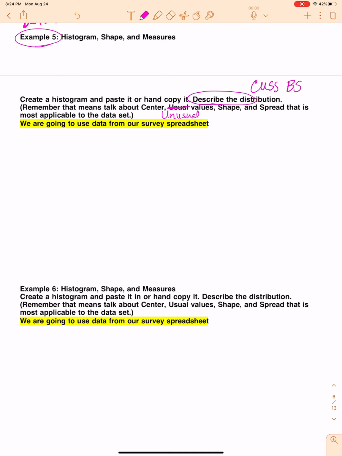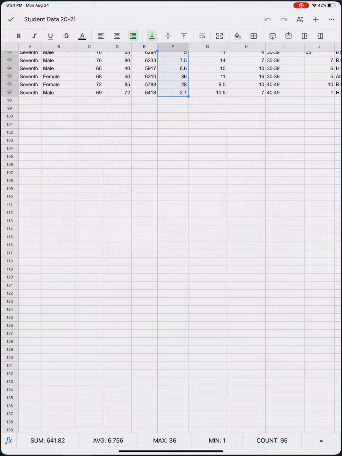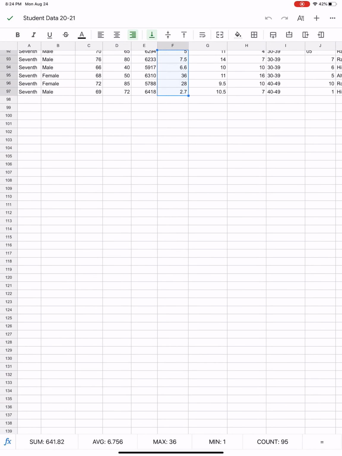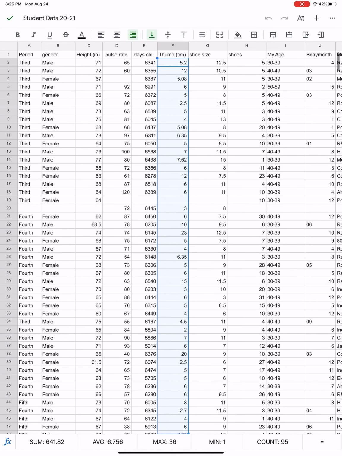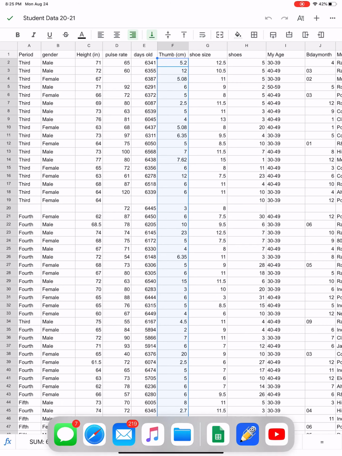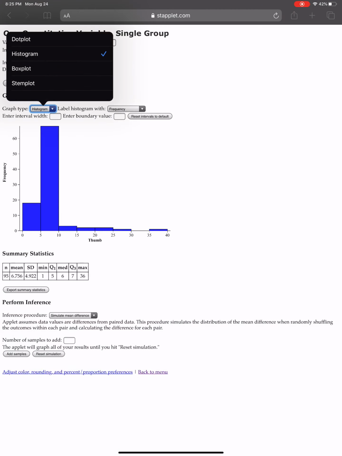All right, so to illustrate one of the things I want to illustrate to you, I am going to get into our data set. I have chosen this data right here for thumb. Remember, you had to estimate the length of your thumb or the width of your thumb, in centimeters. So we're going to use that data, and we're going to go over to Statplet.